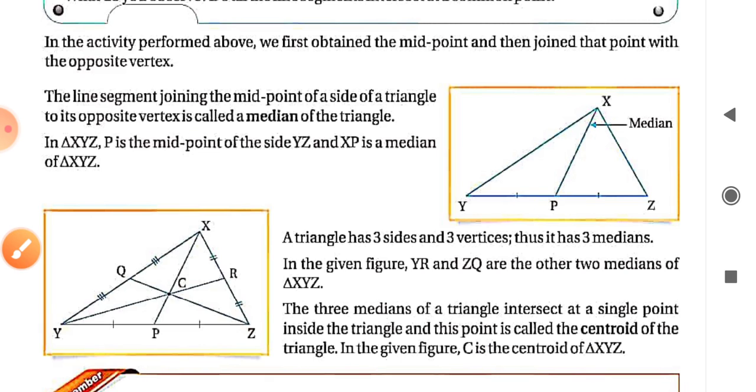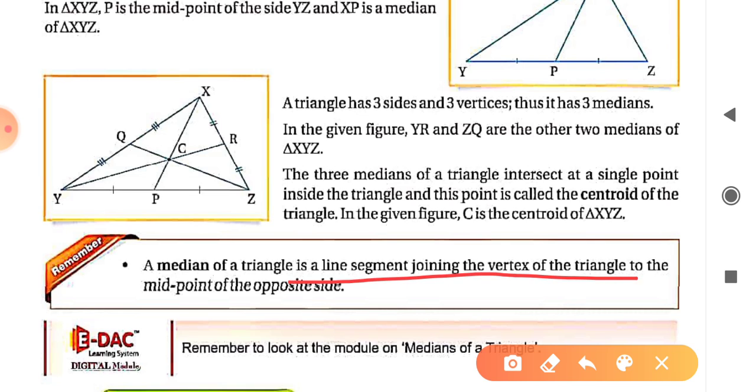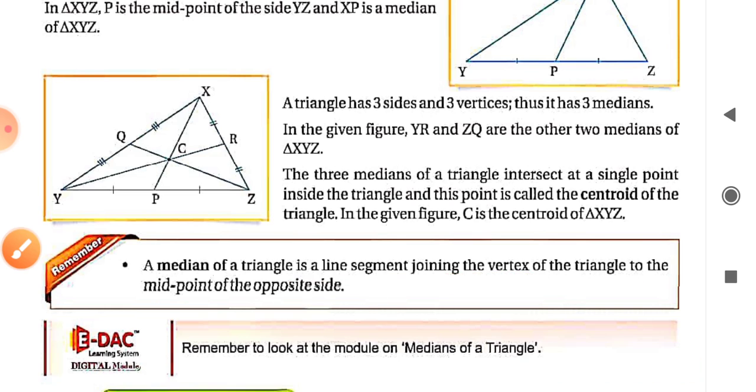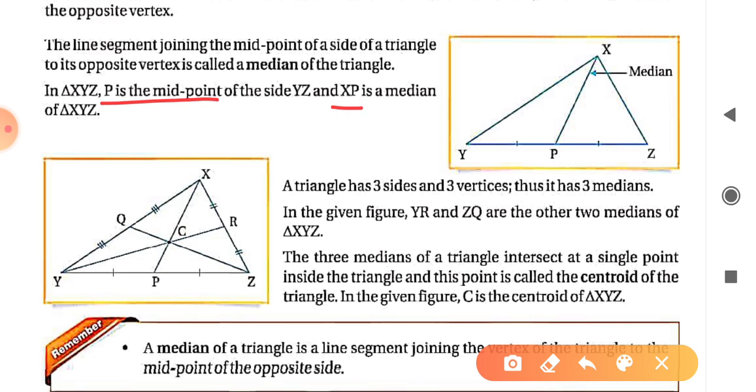Here XP is known as median of a triangle. Median of a triangle is the line segment joining the vertex of triangle to the midpoint of the opposite side. This is known as median. In triangle XYZ, P is the midpoint of side YZ and XP is median of triangle XYZ.